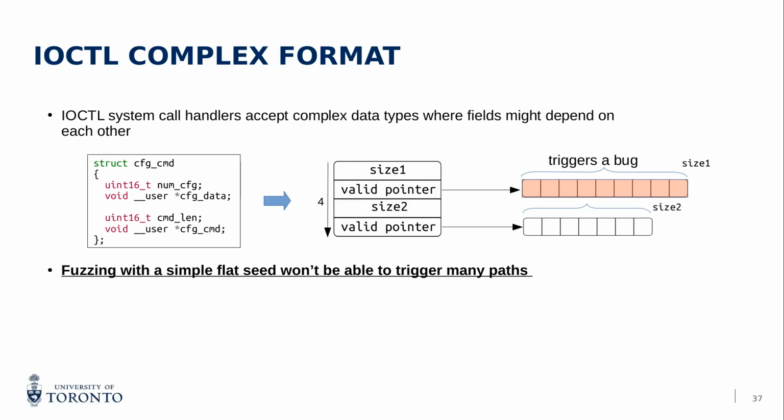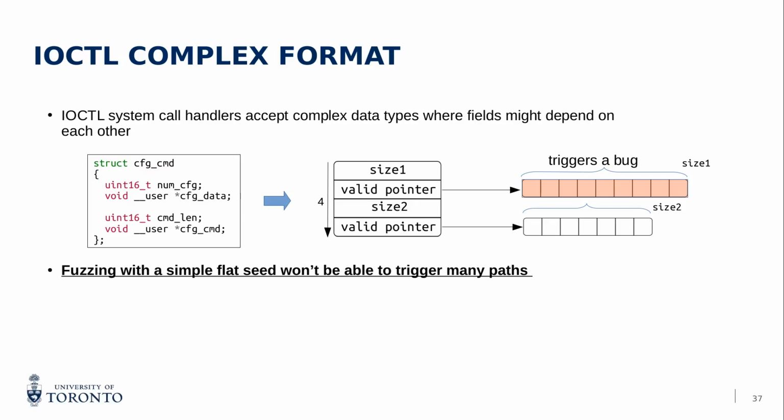So one of the complications with IOCTL system call fuzzing is that it accepts arbitrary complex structures as input, which makes it a hard target for fuzzing. Let me explain with an example. Assume that an IOCTL system call accepts a structure on the left of the slide. It has two fields that should be valid pointers and point to arrays whose sizes are determined by two other fields.